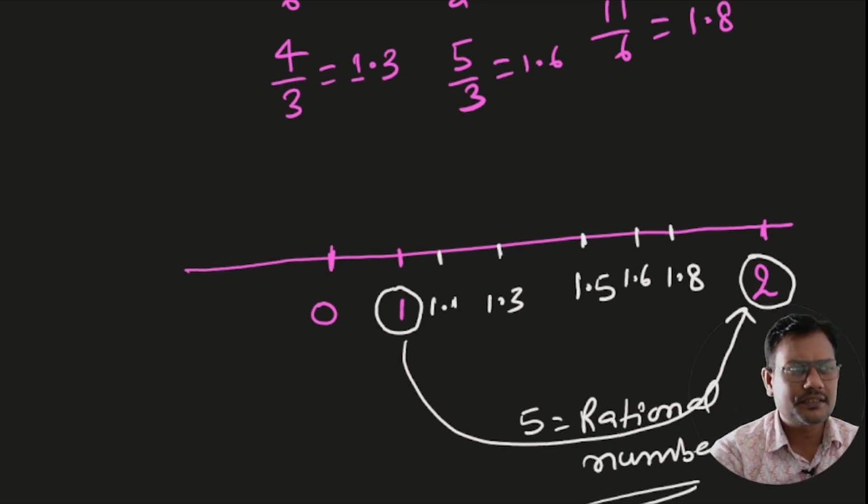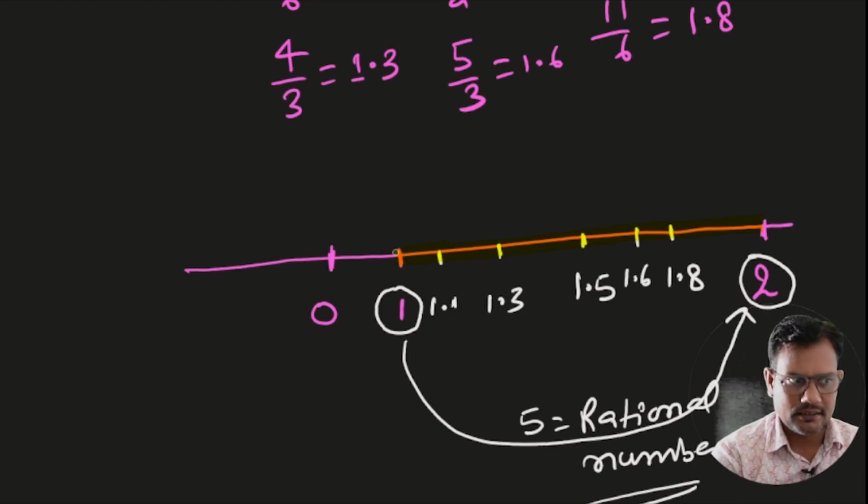If you check the number line carefully, we have many gaps between 1 and 2. See, if you check 1 and 2, we have an infinite number of rational numbers between 1 and 2.